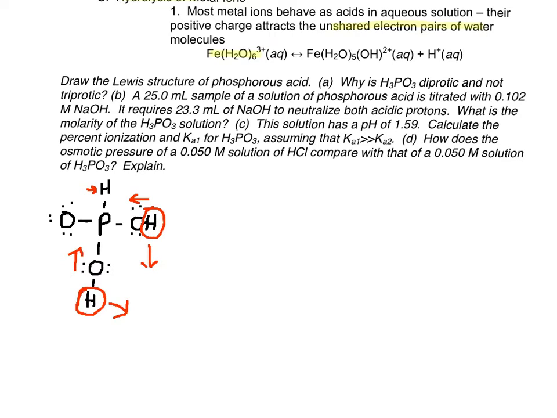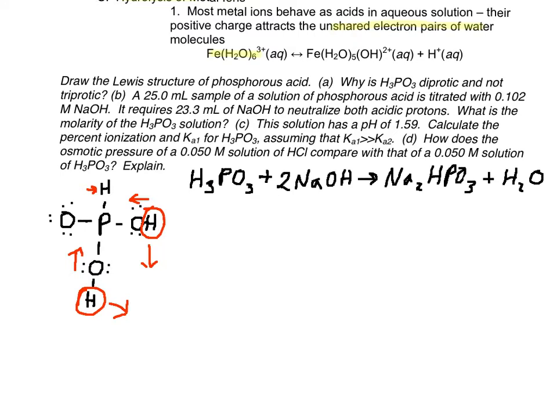Part B of our question says we have a 25 milliliter sample of the phosphorous acid. We're titrating it with sodium hydroxide, and it tells us it requires 23.3 milliliters of NaOH. What's the molarity? So here's a good old titration problem. This is a real old review. So we know when we're doing titration problems, we always start with our balanced chemical equation. So let's go ahead and start with that.